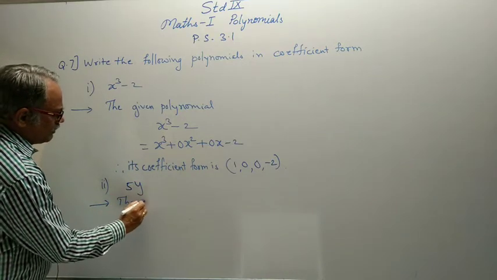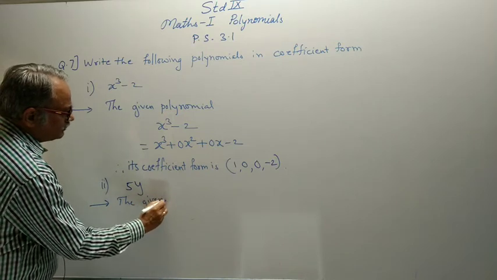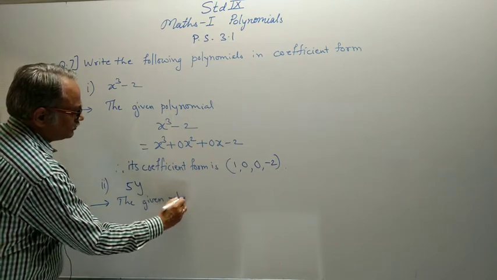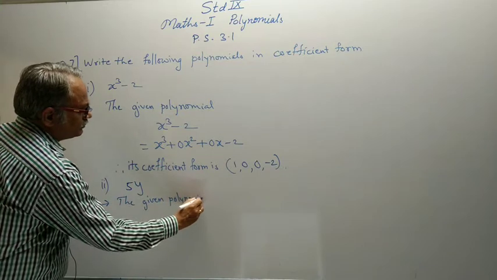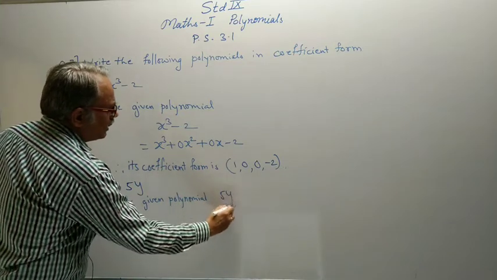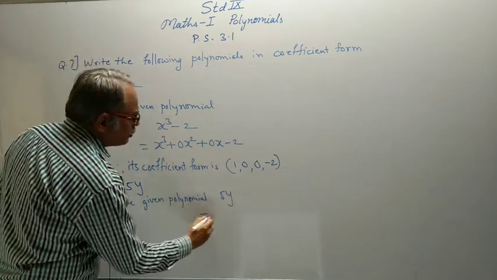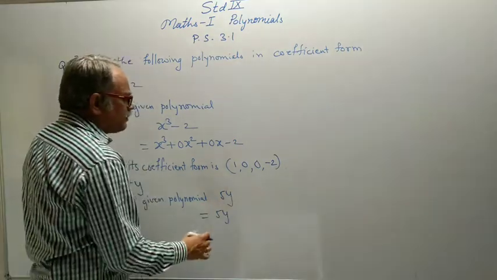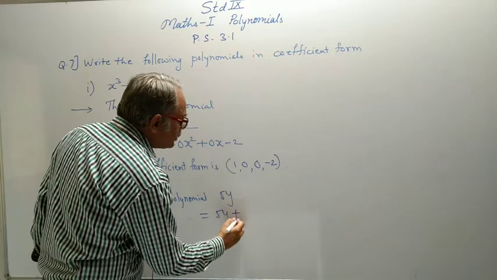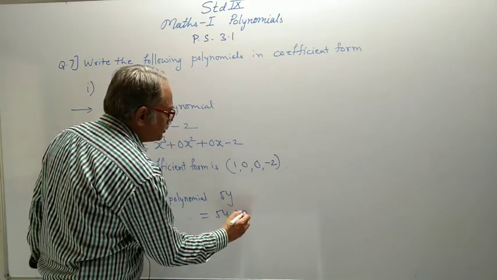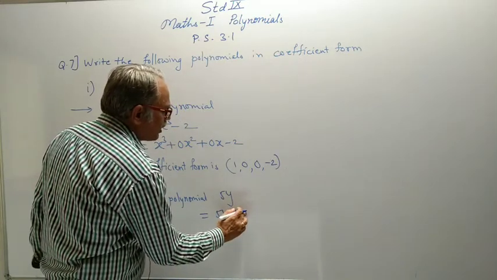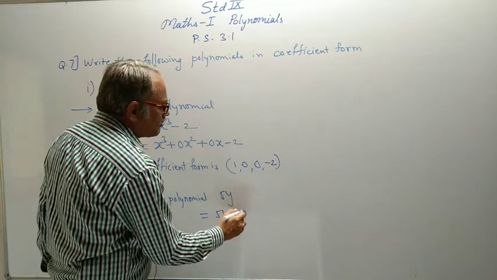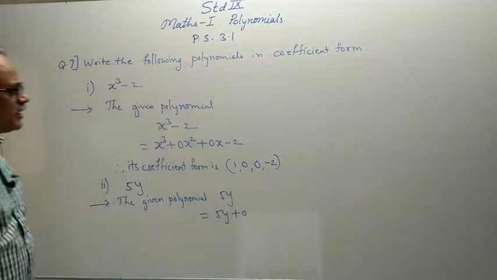Now the second given polynomial is 5y. Many will write 5y as just 5, but write 5 as a coefficient, 5y plus 0. Last time also I told you, to write coefficient form the last must be the constant term, the number term.